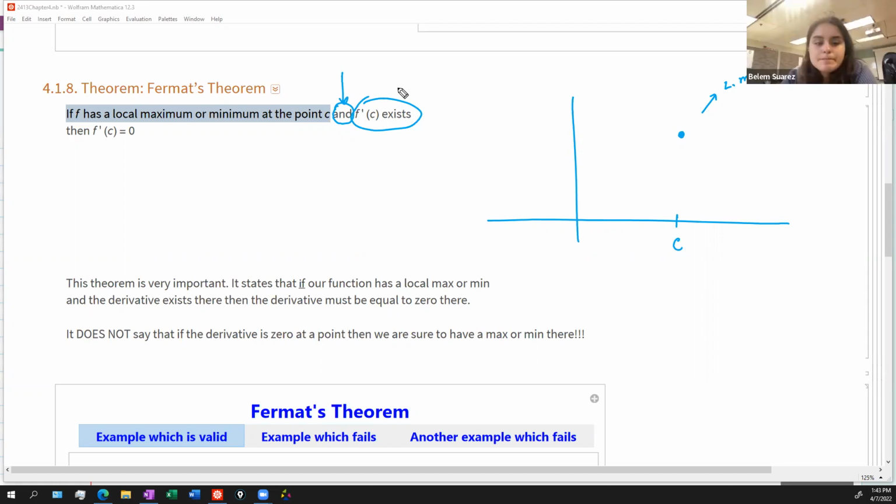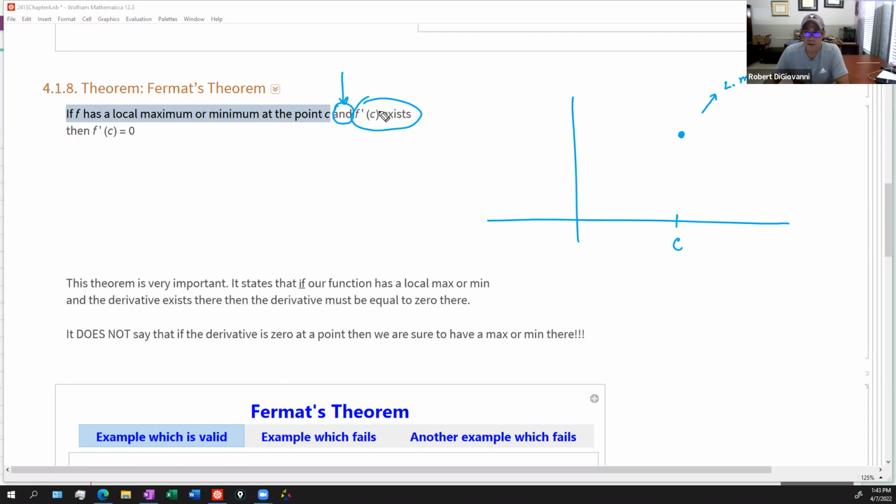And breaks, jumps, right? Anytime you have jumps or breaks in your graph, you can't be differentiable there. If you have a cusp or a corner, you can't be differentiable there. If you have an asymptote there, you can't have your derivative exist. So it's saying here that our derivative must exist here.